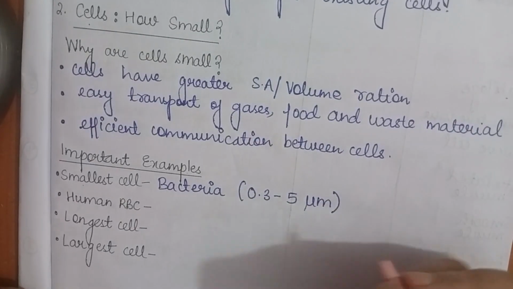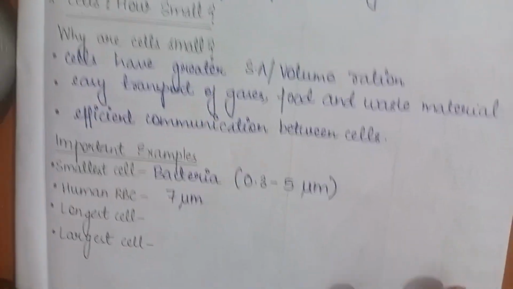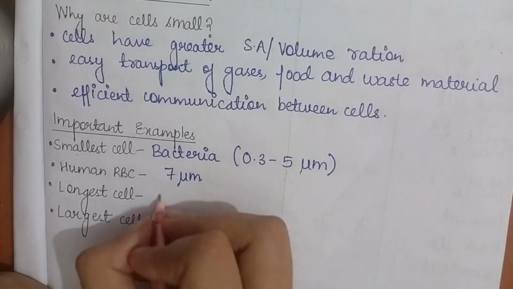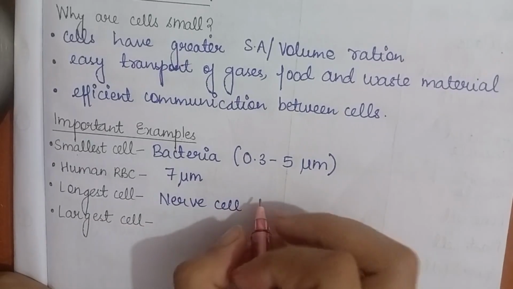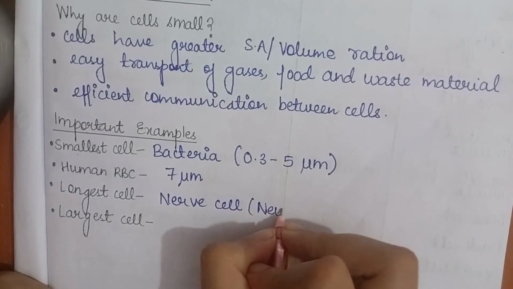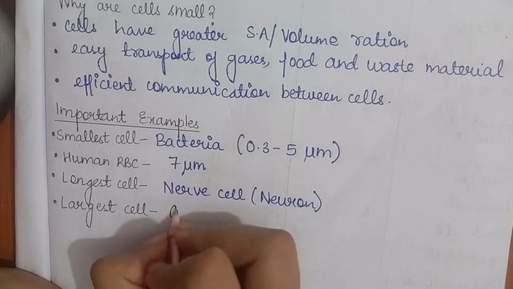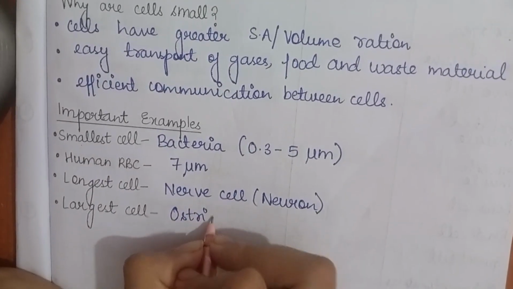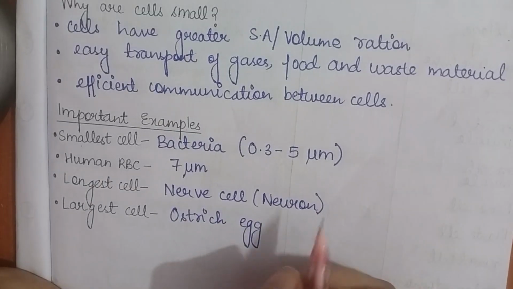Okay, then human red blood cells are 7 micrometer. Then longest cell are nerve cell, which is also known as neuron, and the largest cell are ostrich egg. I hope you are recalling the concepts.